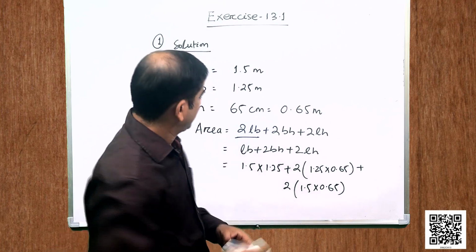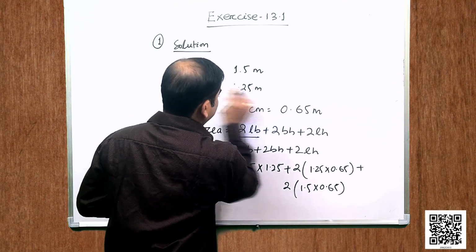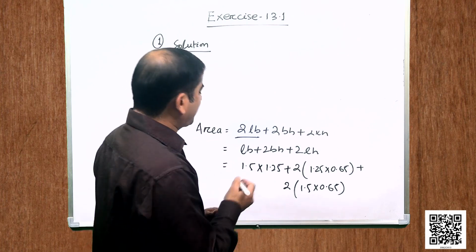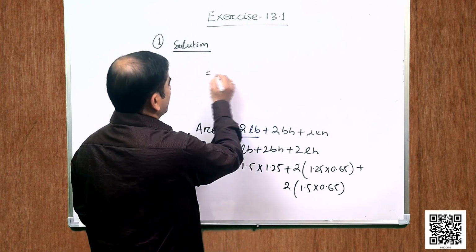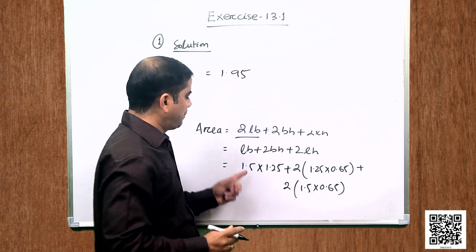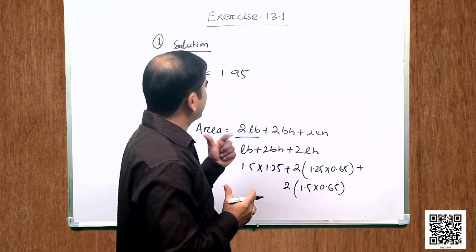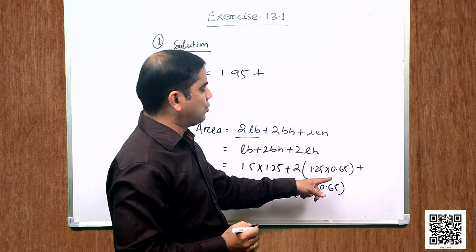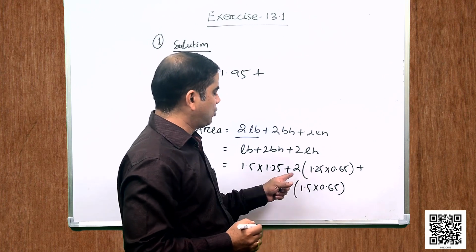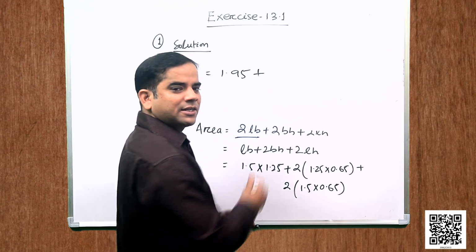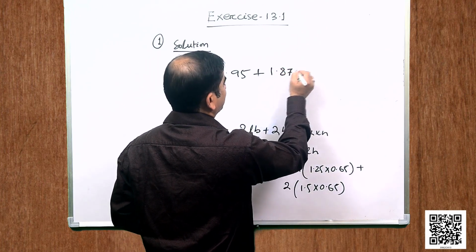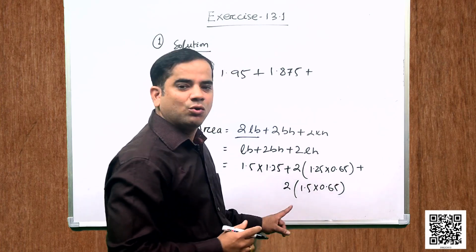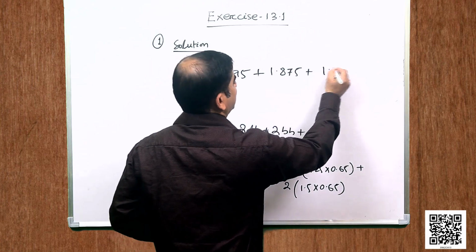When we calculate this, you can do the calculation by yourself. So, after calculating, 1.5 into 1.25 gives us 1.875, plus 1.25 into 0.65 whole into 2, that gives us 1.625, plus 1.5 into 0.65 into 2, it gives us 1.95.